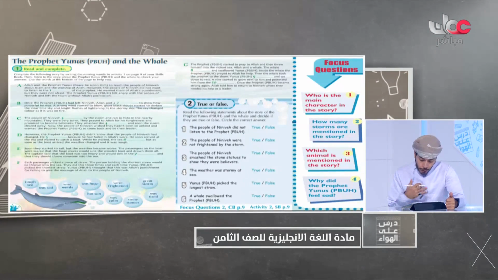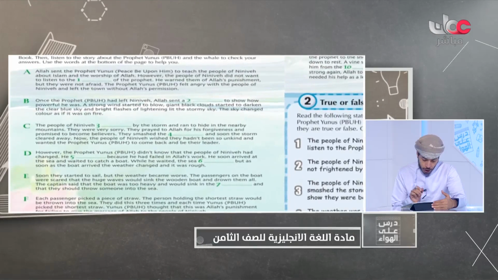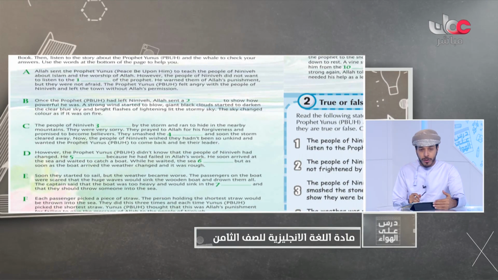Good. After you read the adjectives, now start reading the story of our prophet Yunus. And when you read stories, dear students, try to feel the text. عيش القصة, or try to feel it, okay?